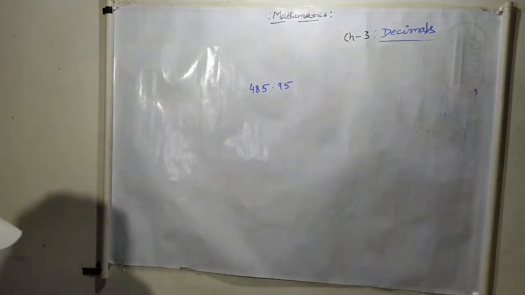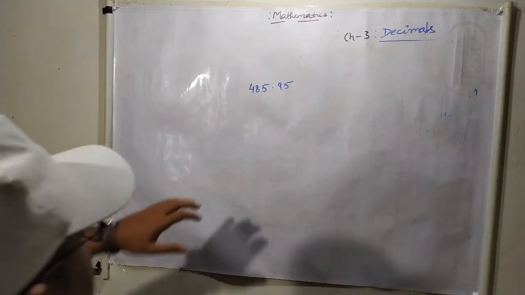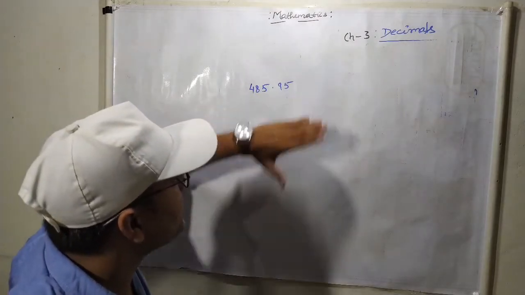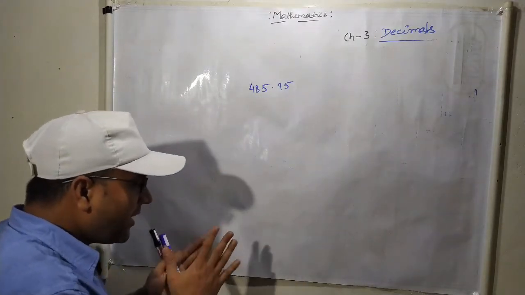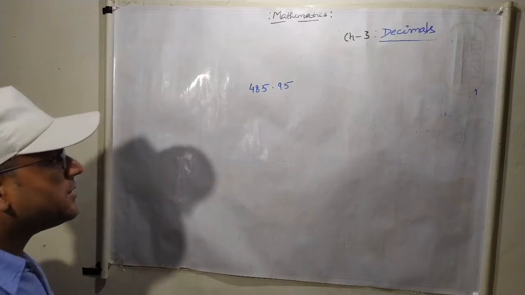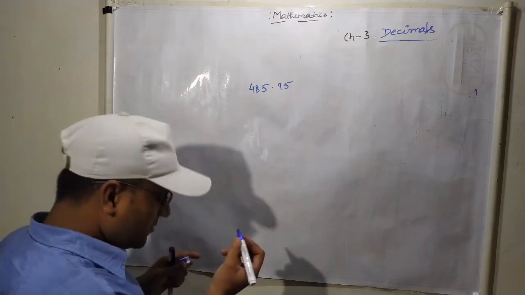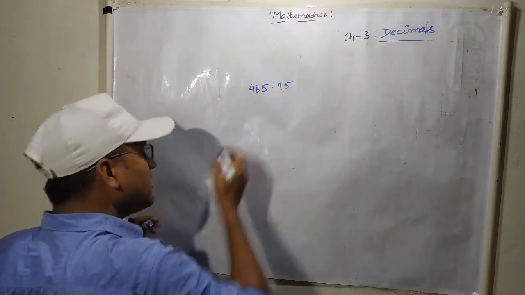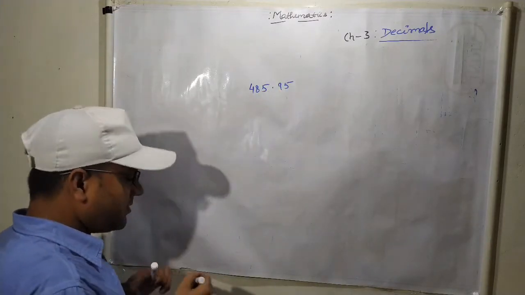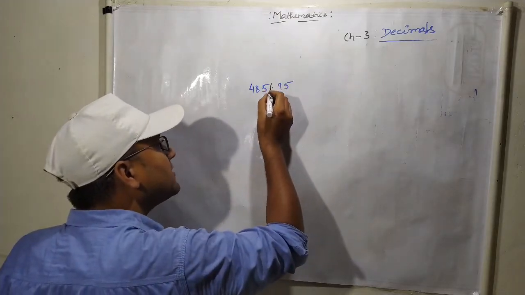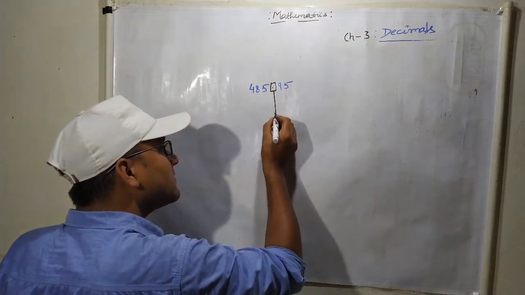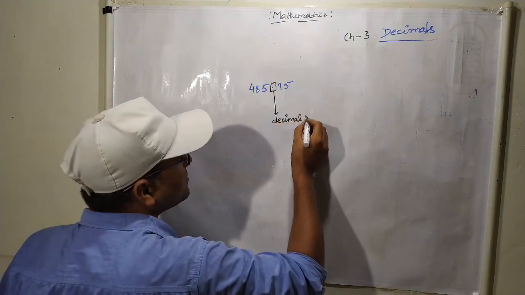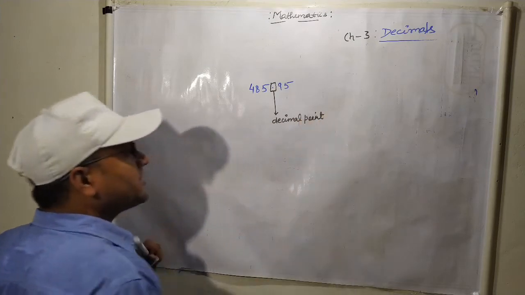Suppose I have taken a decimal number, 485.95. A decimal number contains three parts. This is very important: this point is known as a decimal point.